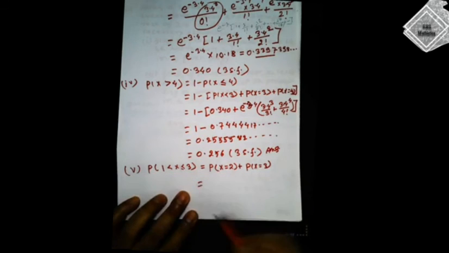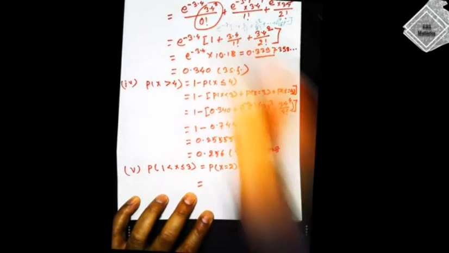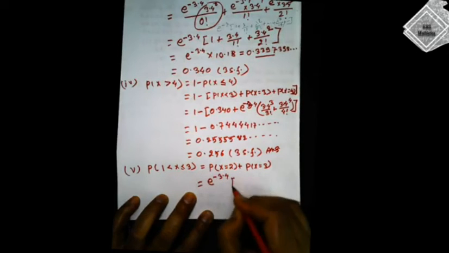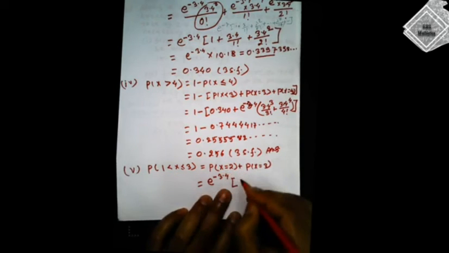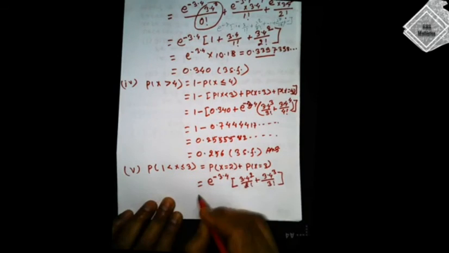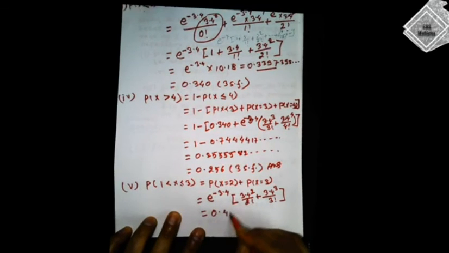Now when you apply the same formula of Poisson distribution, we know that this sort of thing is going to be common out, so we write it directly here, e to the power negative 3.4, and then I start the bracket, and X equals 2 means we have to write 3.4 squared over 2 factorial plus 3.4 cubed over 3 factorial, and then close the bracket, and by using the calculator my answer is 0.412 if I round this off to 3 significant figures.